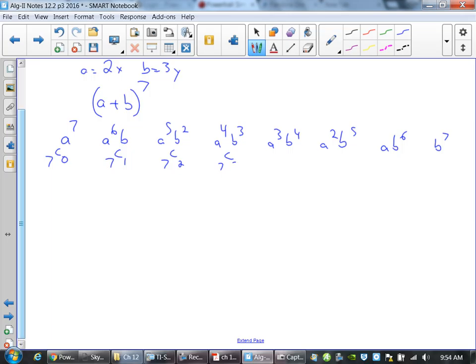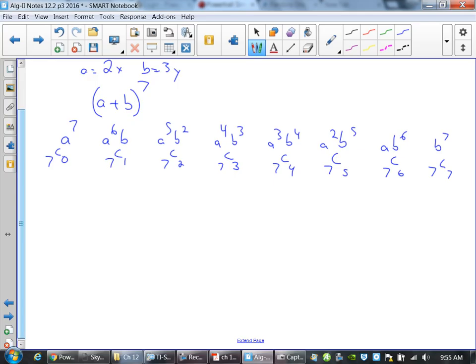Do you see something that's happening? What you're choosing, see 7 choose 0, 7 choose 1, 7 choose 2, 7 choose 3 and all that? That 0, 1, 2, 3 is following the exponent of the second term of the binomial. It's a nice little reminder. Also, notice that your exponents, what do all your exponents add up to equal? 7. They have to. If they don't, you don't move.